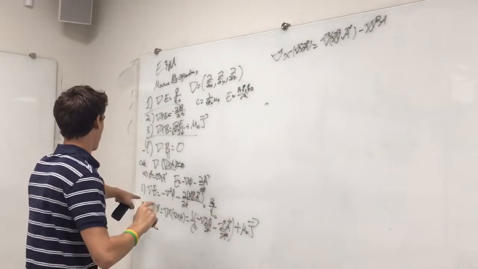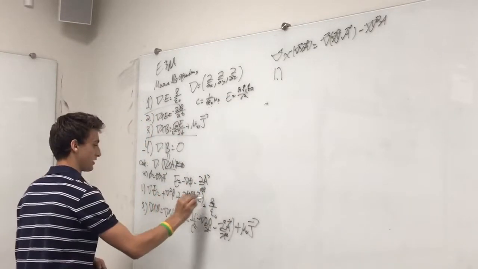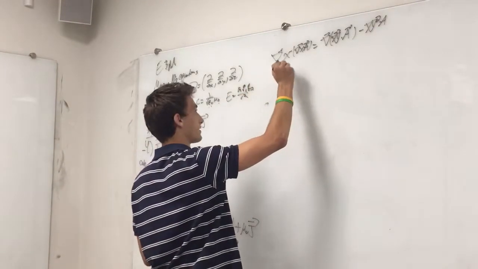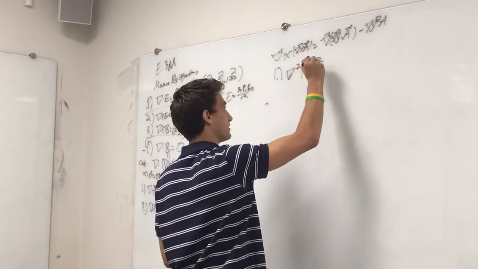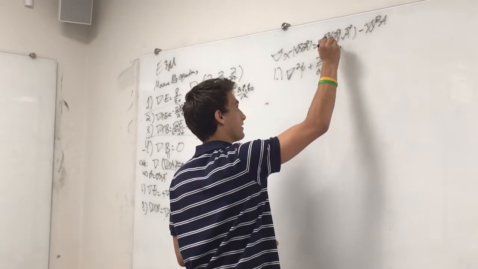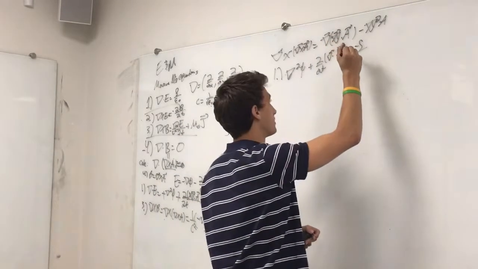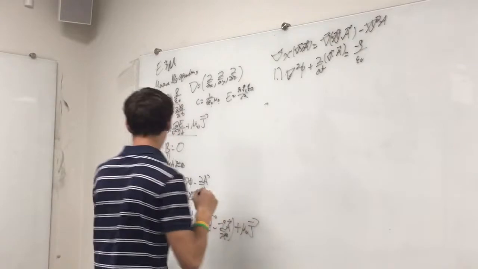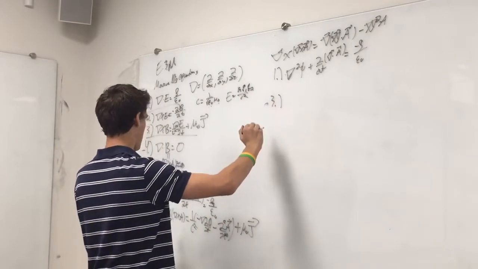So now I'm going to rewrite equations 1 and 3. We're going to negate both sides. So we get del squared phi plus d/dt of del dot A equals minus rho over epsilon naught. And then number 3, we're going to rewrite this.